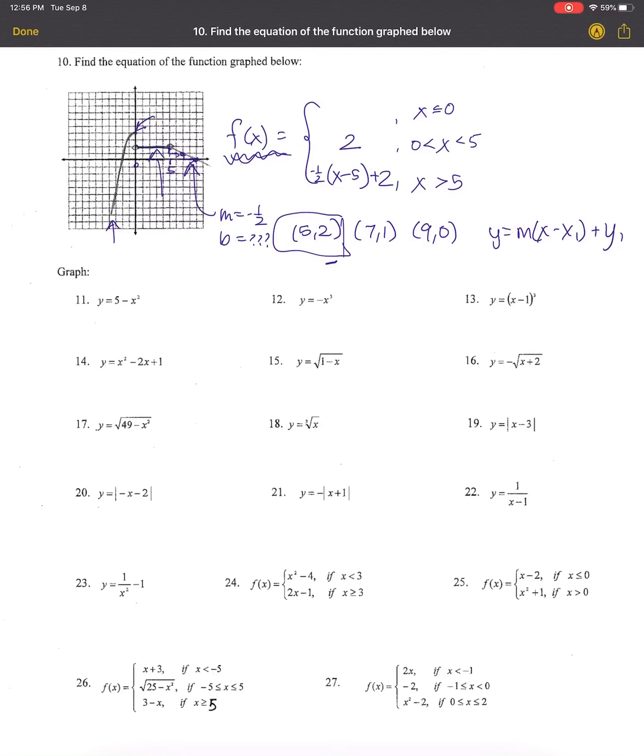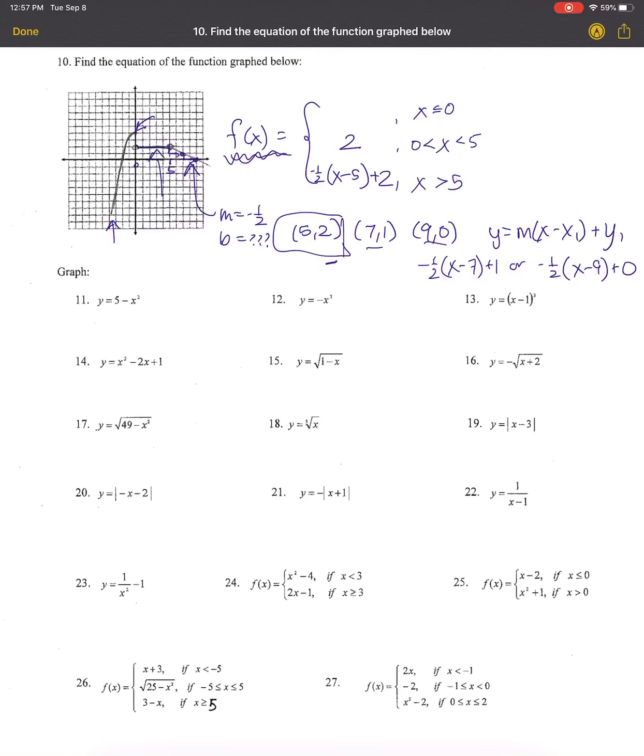It's like the best of everything. If you wanted a different version of it, it could be -1/2 times x minus 7 plus 1, or -1/2 times x minus 9 plus 0. That was using these other coordinates. If you were to simplify any one of these three equations, you would get the exact same final answer. But the idea is that you don't have to simplify it. So we're choosing a format of the line that's going to save us some work.